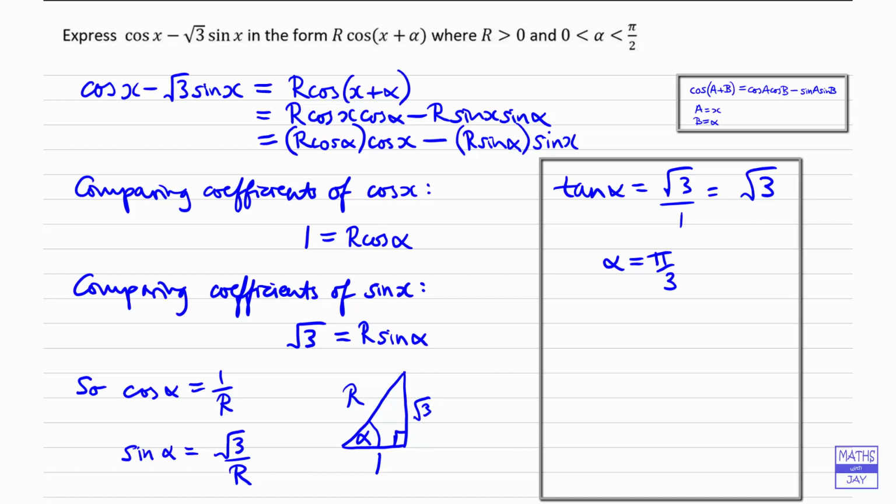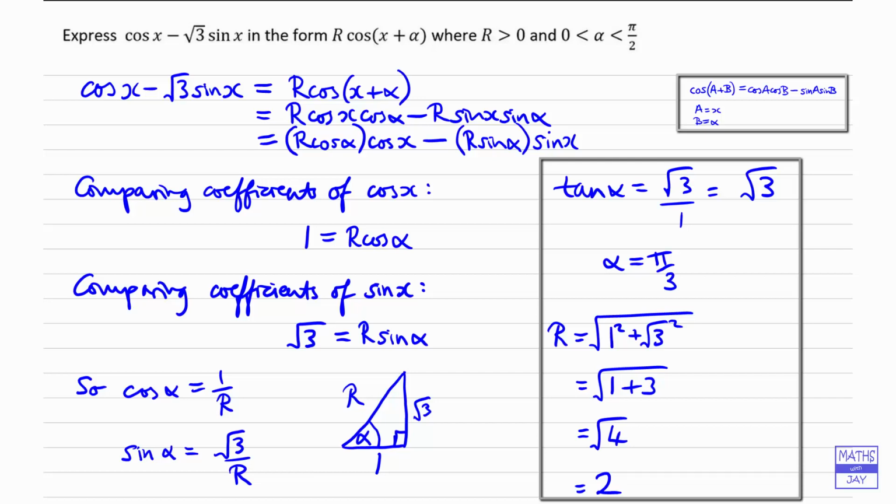Then we can find the hypotenuse of this right-angle triangle by using Pythagoras. So r squared is 1 squared plus root 3 squared. So r is the square root of 1 plus 3, the square root of 4. So r is equal to 2.